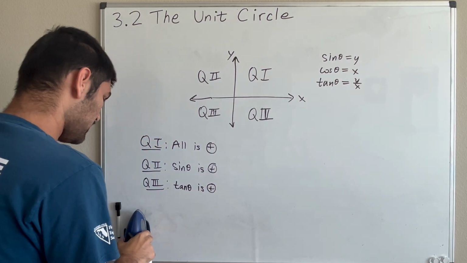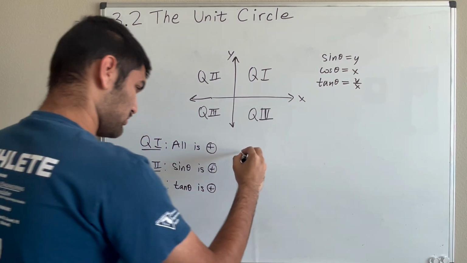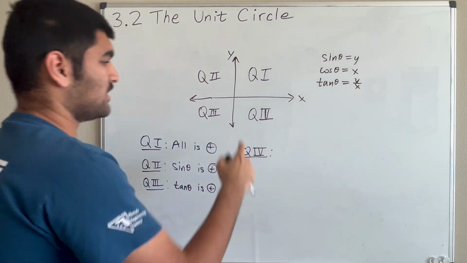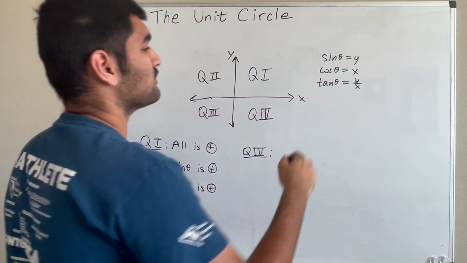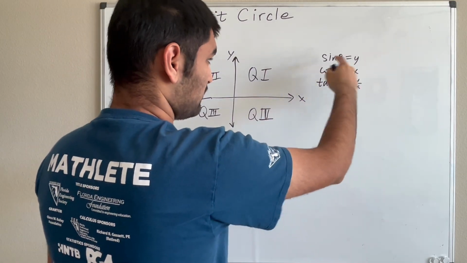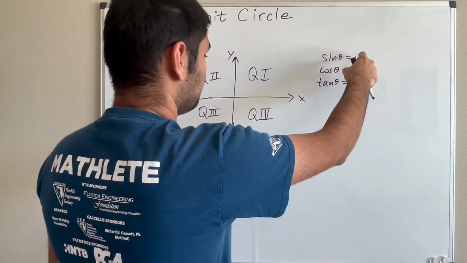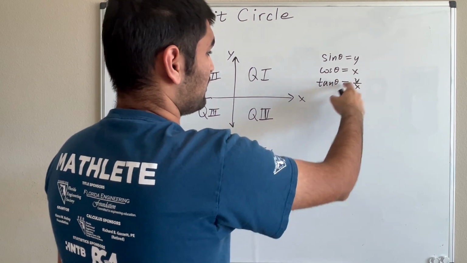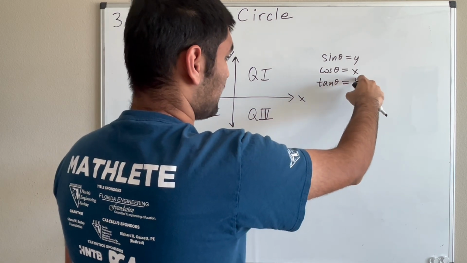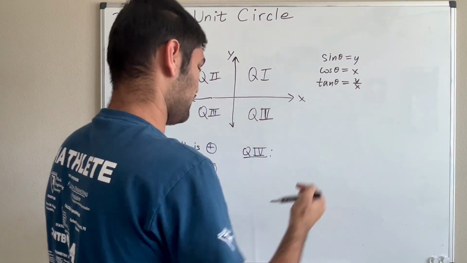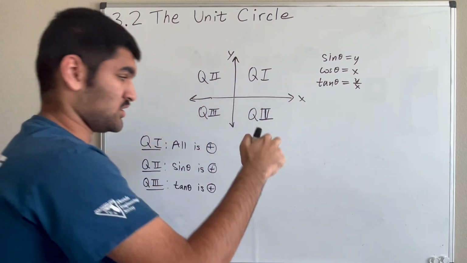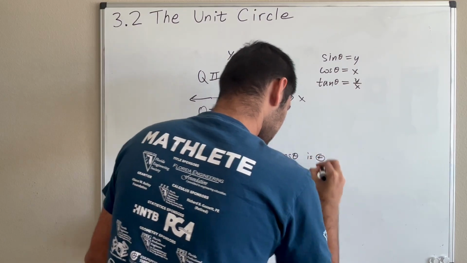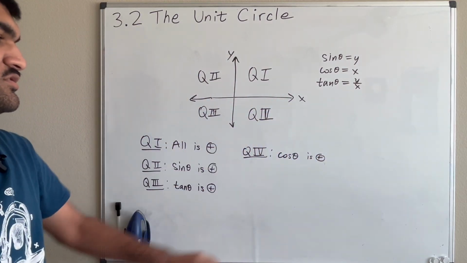And then finally, quadrant 4, we can see that x is positive and y is negative. So cosine theta, x is positive, sine theta is negative, and then tangent of theta is negative over positive, which is negative. So in quadrant 4, only cosine theta is positive. Okay, and then everything else is negative.